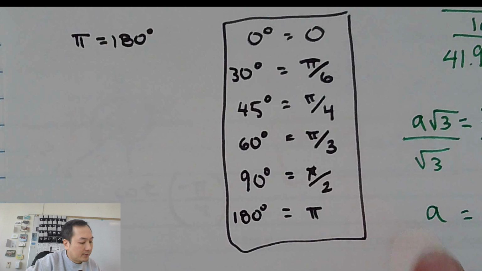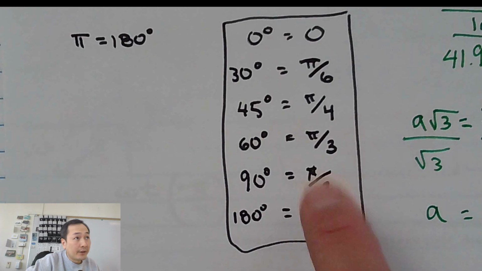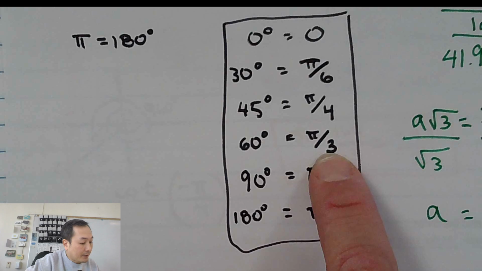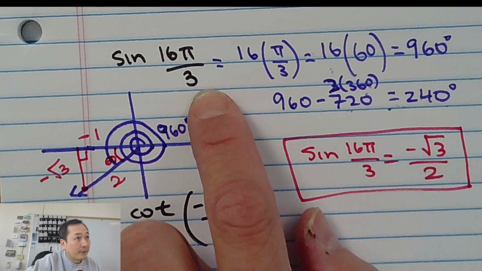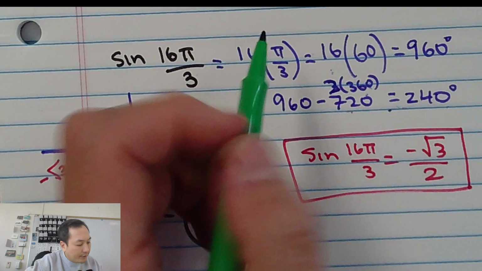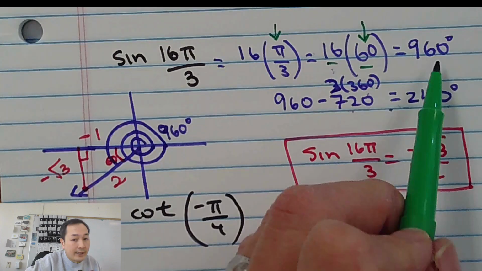So whenever I see a denominator of 2, 3, 4, or 6, I know that it's a special angle. So since it's pi over 3, if I'm trying to convert 16 pi over 3 into degrees, I notice how I rewrote it: 16 times pi over 3. The reason I wrote it this way is because pi over 3 equals 60. So it'd just be 16 times 60, which would be 960, right?